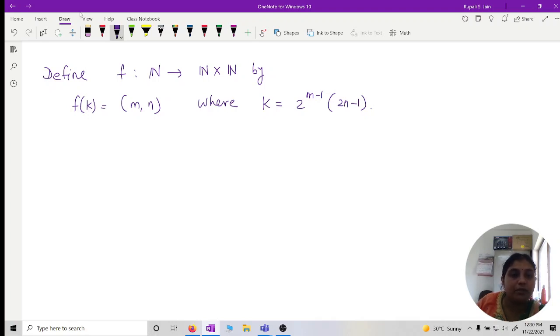To show one-one, let f of k1 is equal to f of k2.